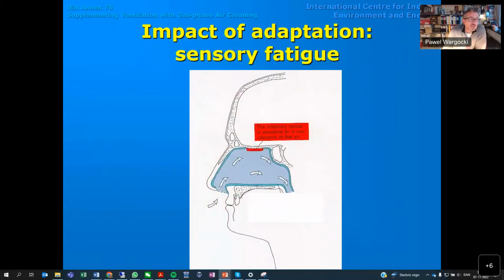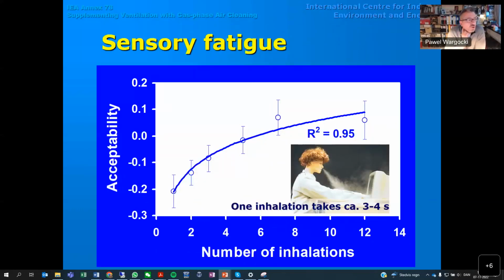The other problem is that our olfactory sense is not a very well developed sense, in the sense that we get very quickly fatigued, and we get adapted to the air. And this is just an example of how quickly adaptation takes place. You can see how acceptability changes with the number of inhalations of the same air you take.